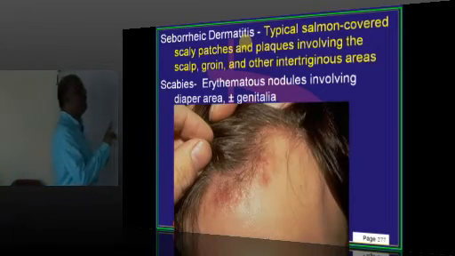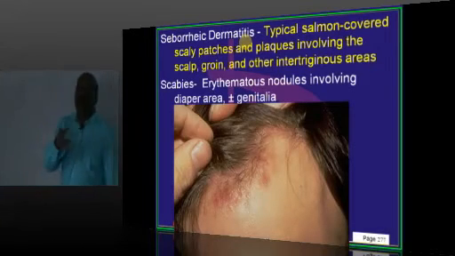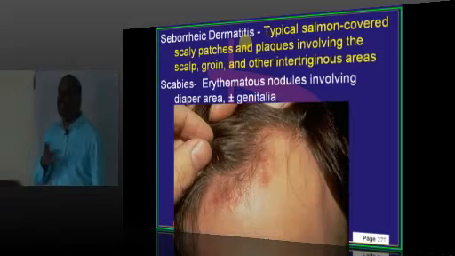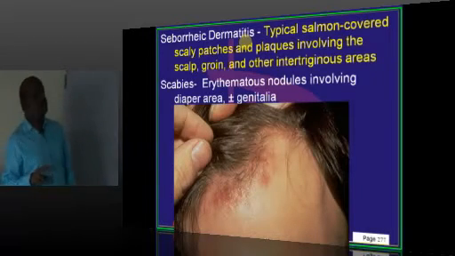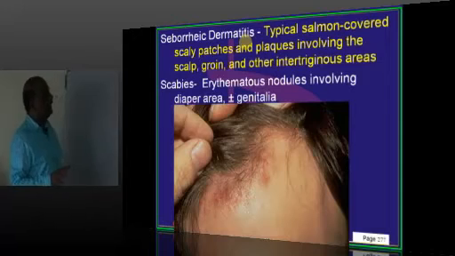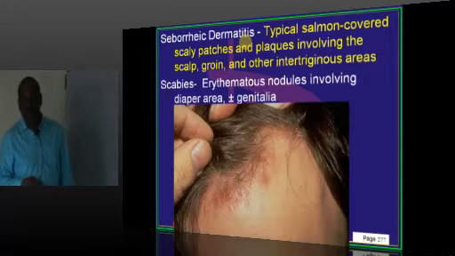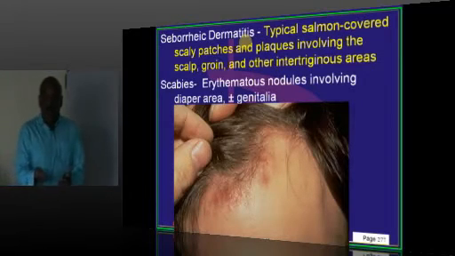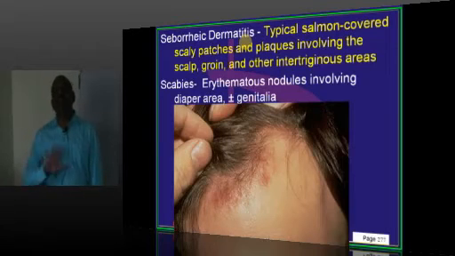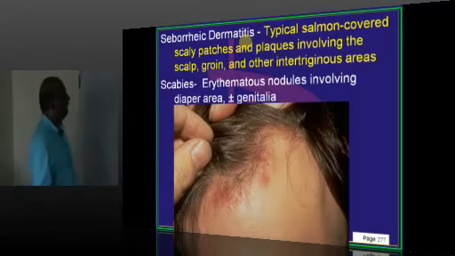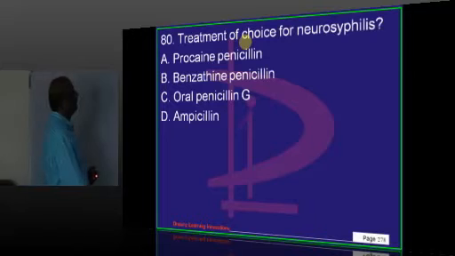About seborrheic dermatitis, what is asked in the exam? What are the conditions where you see it? You see it in HIV positive individuals and Parkinsonism individuals, with this typical salmon colored scaly patches and flakes. But in a newborn baby, if you find it, what is it called? Cradle cap. It is a very benign feature. There is nothing to be worried about.